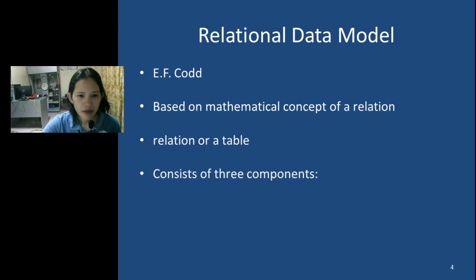It consists of three components: relational data structure, where data is organized. Second, data manipulation, which consists of operations used to manipulate data stored in the data structure. Third, relational data integrity, which are the rules that maintain the integrity of data when manipulated.